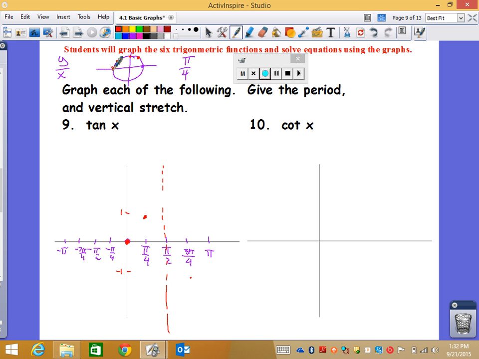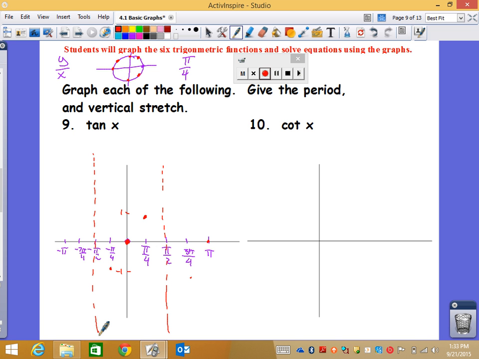So I'm back at 0 again. Then we can go in the opposite direction. A negative pi over 4 gives me, right here, a y value of negative 1 over 1. And we notice negative pi over 2 is straight down, which gives me an asymptote again.